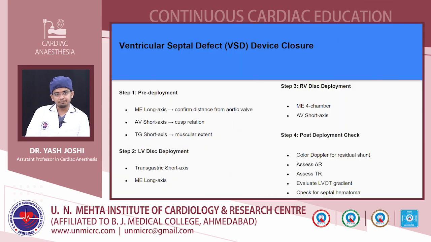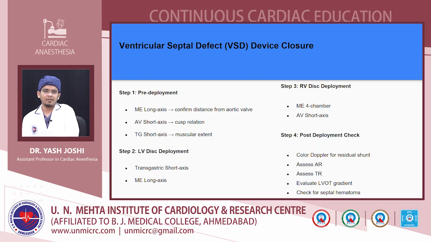And coming to the ventricular septal defect device closure, the pre-deployment mid-esophageal long axis view confirms the distance from the aortic valve, whereas the aortic valve short axis view defines the cuff relation to the device. The transgastric short axis view is helpful to check whether the perimembranous VSD has any muscular extent or not.